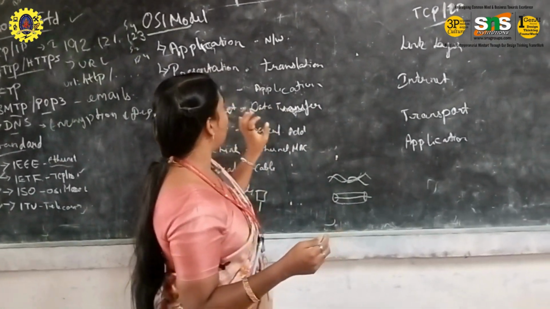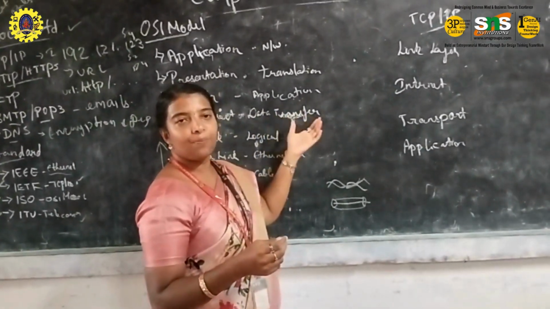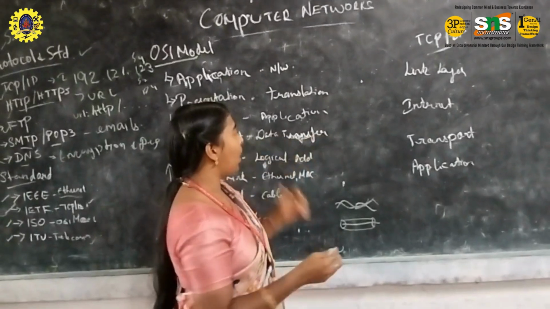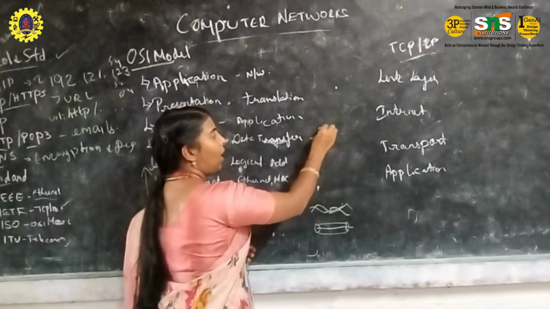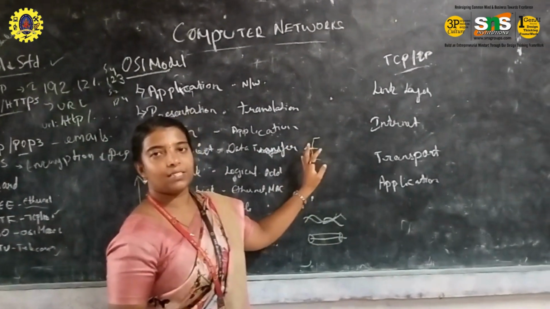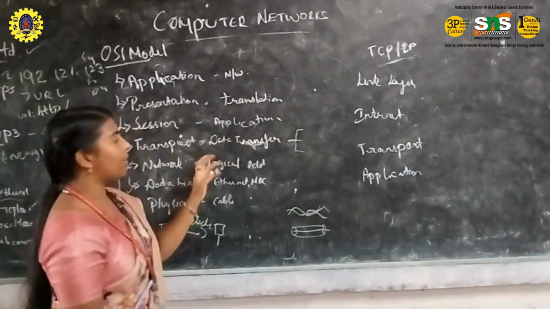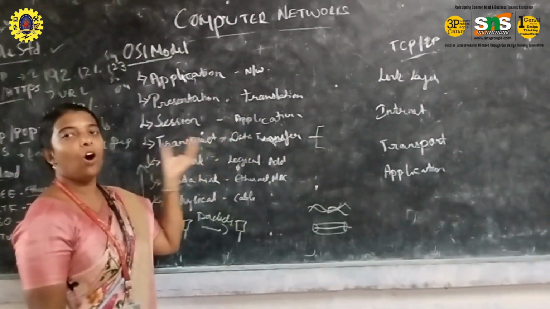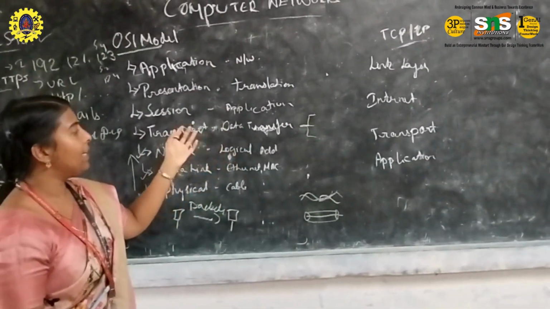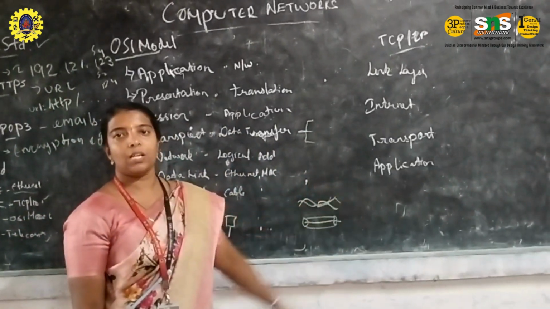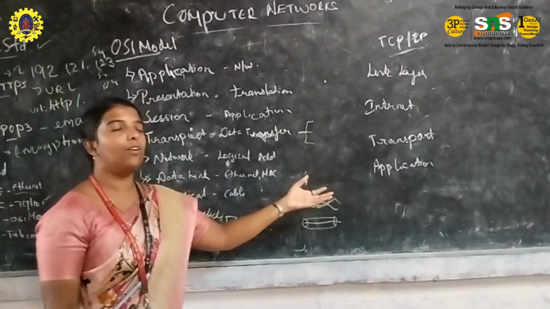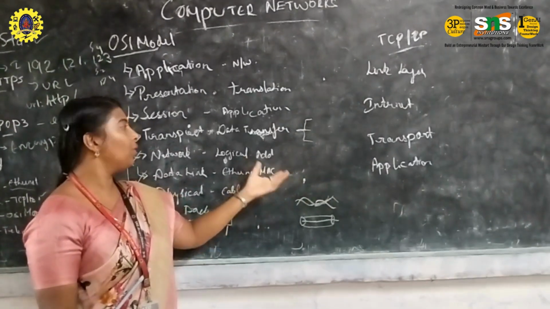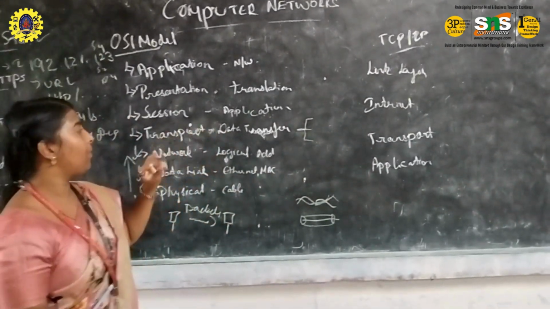So this transport layer is able to identify or sense the systems and decide how to transfer the data. It is mainly responsible for transferring the data in an ordered way.